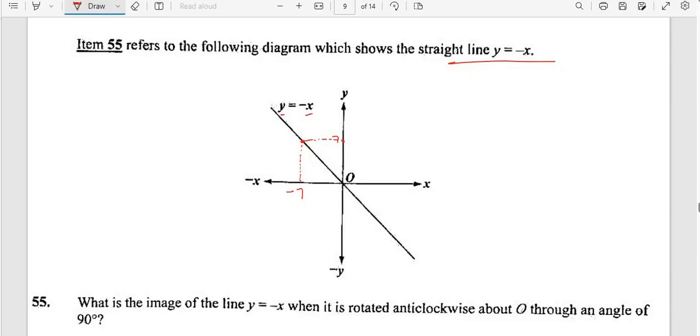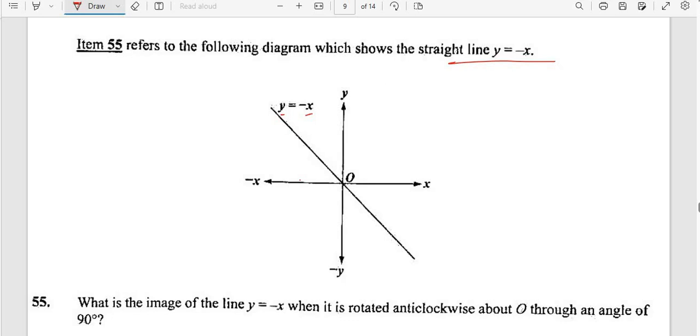So when y is 7, x is negative 7. That's why it's saying here that y equals negative x. Any corresponding value: if this is 4, this will be negative 4. So I hope you understand how we end up with that line, because every negative x value corresponds to a positive y value in terms of the amount.